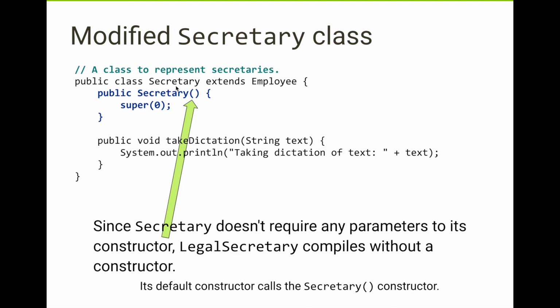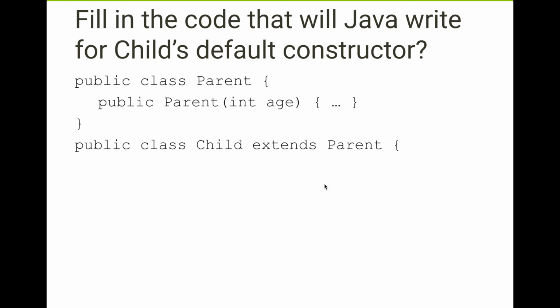When it calls super, it will by default call the one with no parameters. We created right here a constructor in the secretary class that takes no parameters. So our legal secretary won't have to change at all, okay? Because its default constructor will call the secretary with no parameters. So you don't need to do anything to the legal secretary class.